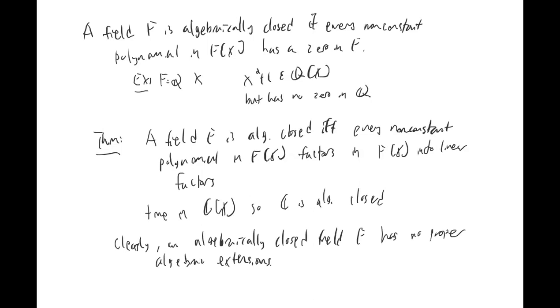One way to see this is, let me just give you an example to make this clear. Take the element I. What is the irreducible polynomial of I over Q? What is this? Can anyone tell me?